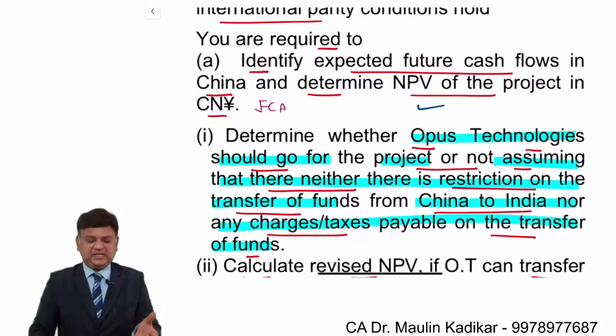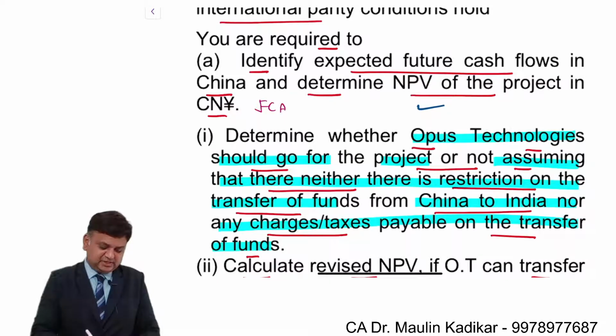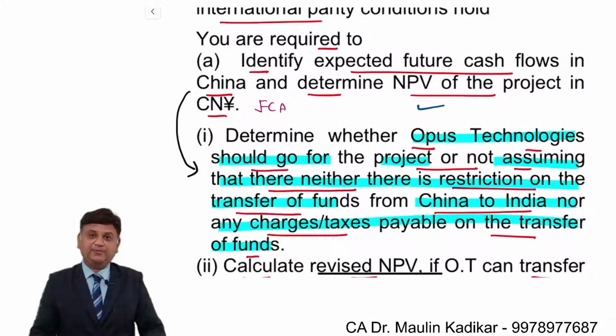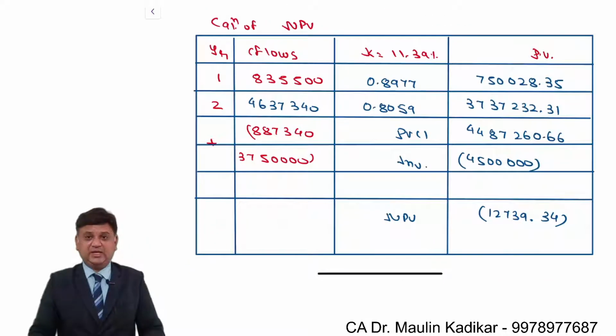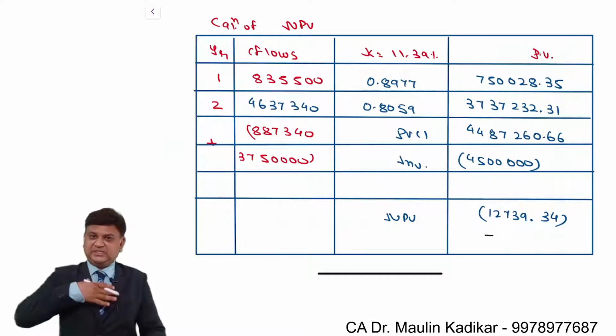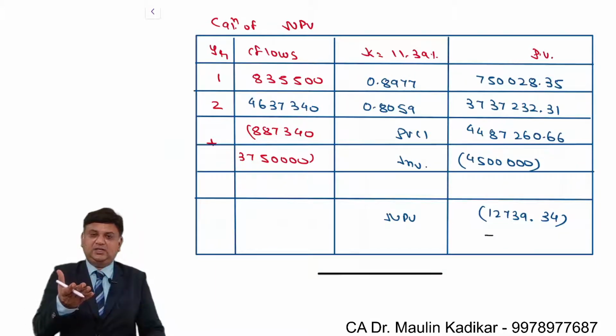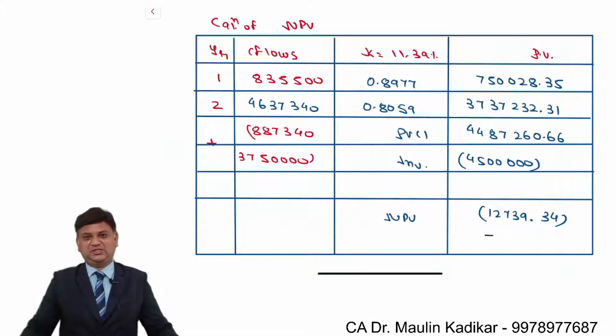So the question that we have done is, of course, with this assumption only. So we can say that of course the project should not be undertaken. Why? Because NPV is negative. Whether we do the answer of the NPV in domestic currency or in foreign currency, the decision is not going to change.